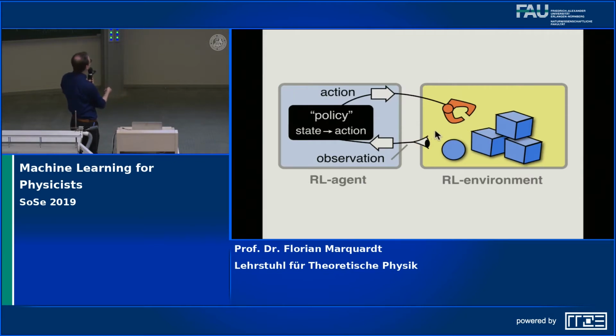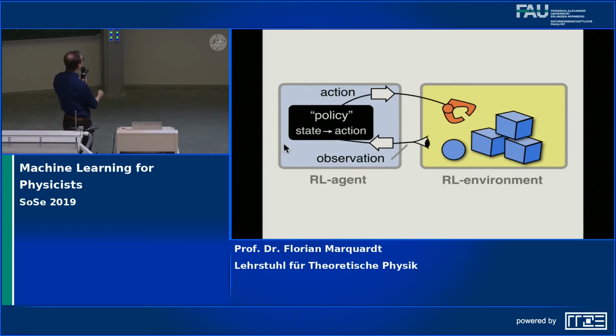What really happens inside this black box that is the reinforcement learning agent is the following. So you take an observation, and this observation indicates that the environment is in a certain state. Maybe you have partial information about the state, maybe you have full information about the state, so these are then details that you can distinguish.